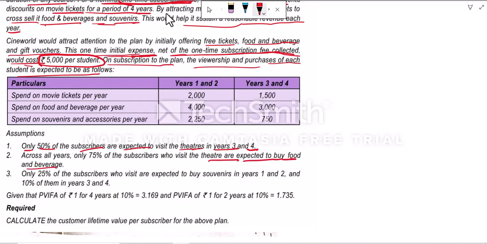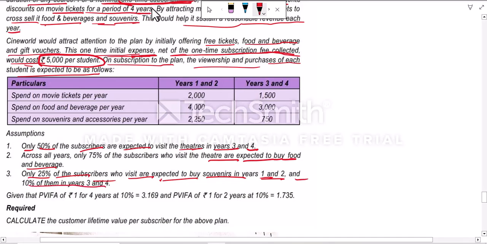This means every person who comes to a theater will not purchase food items there. Only 25% of subscribers who visit are expected to buy souvenirs in years 1 and 2, and 10% of them in years 3 and 4. So whoever comes to Cineworld will not purchase souvenirs; only 25% will be purchasing in 1 and 2, and 10% in 3 and 4.